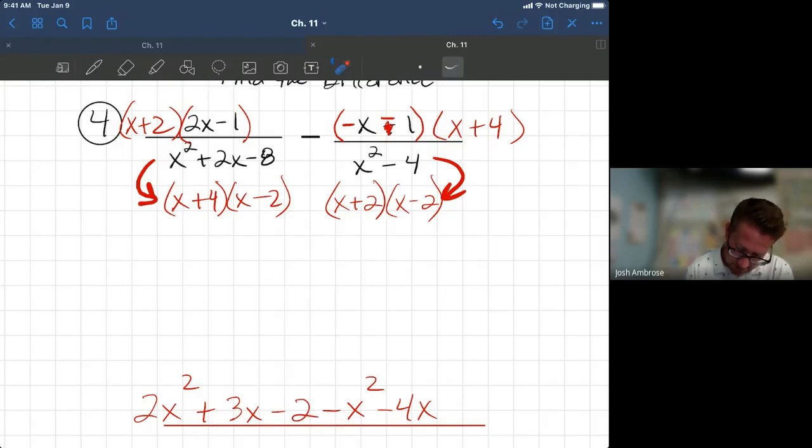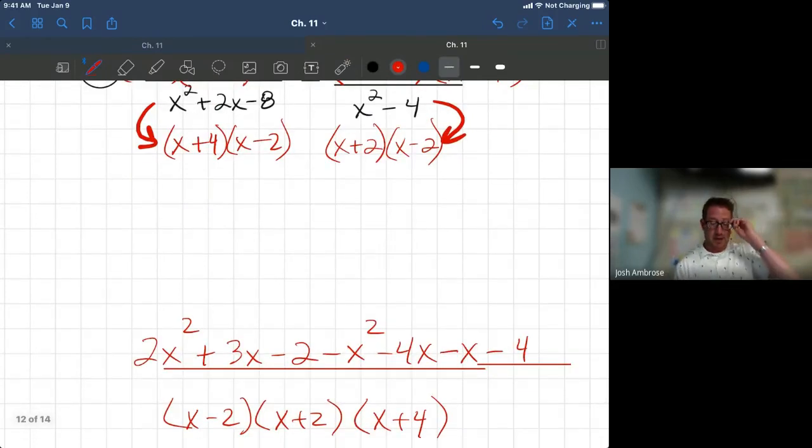All right, now a -1 times x makes a -x. Extend that out a little bit. Sorry, that doesn't match up. That's okay. And then a -1 and 4 make a -4.